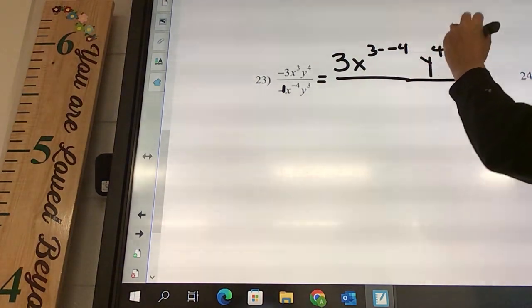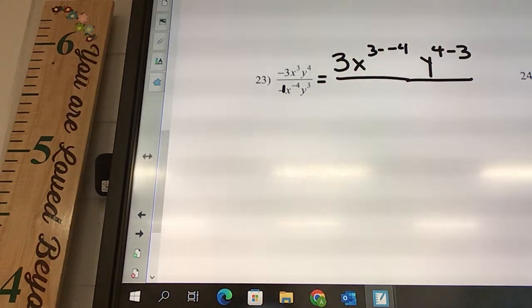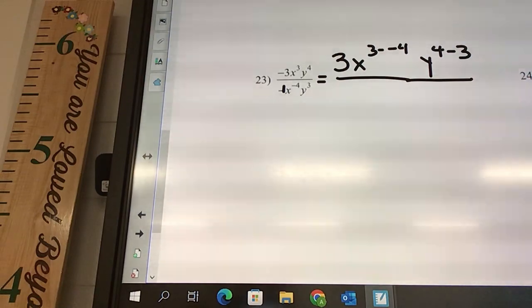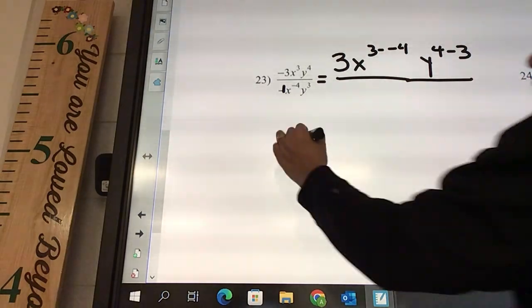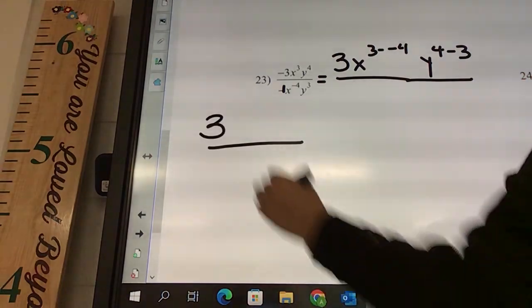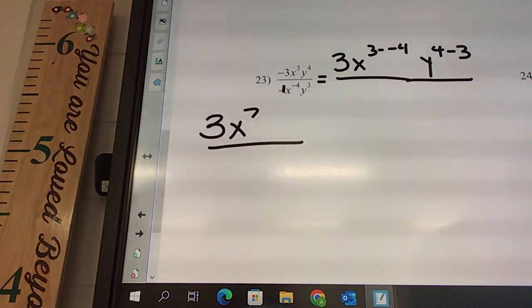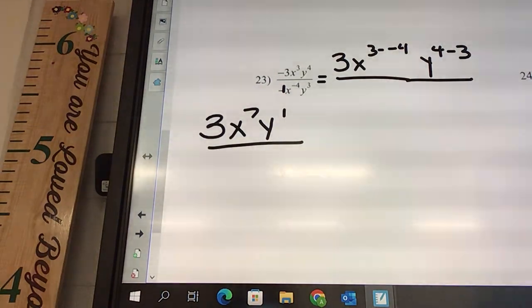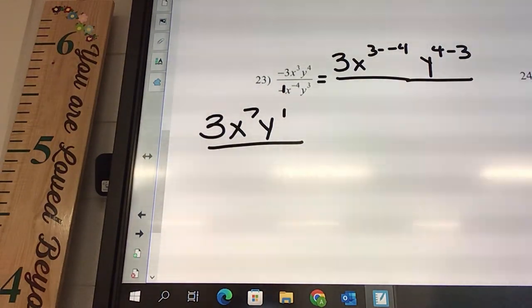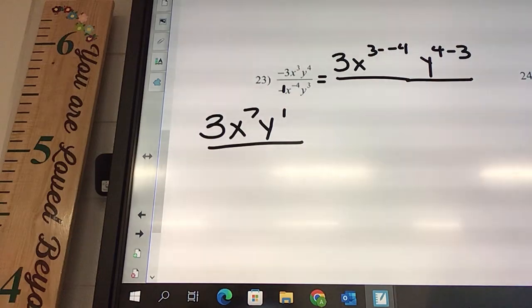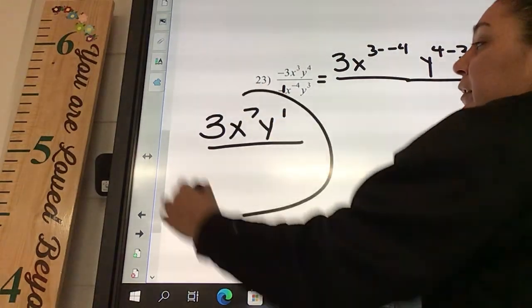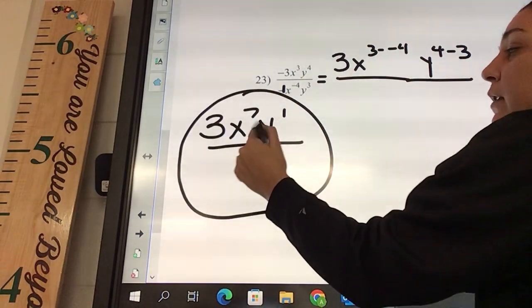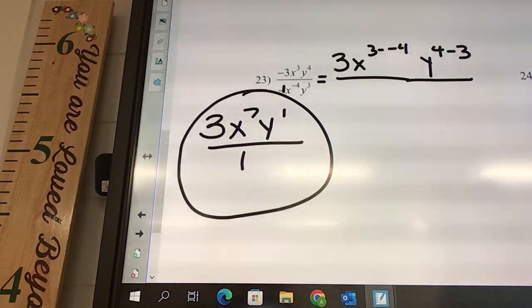Y to the 4 minus 3. Okay, what are you going to get for the x? 7, good. Okay, what about the y? 1. What needs moved? Nothing. There's no negative exponents, so nothing needs moved. Obviously, this looks weird. You can either erase the line or put a 1 underneath of it. Either way, it does not matter.